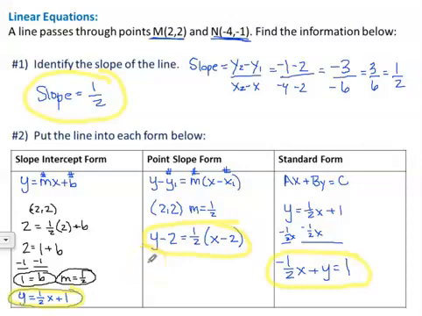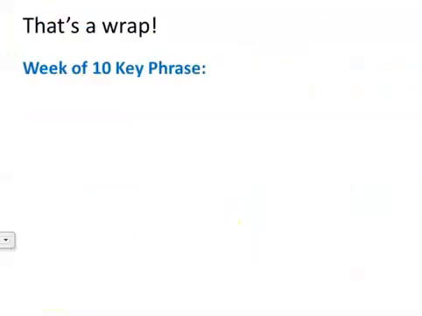The big thing from this recording today is that this line is represented in 3 different formats. Each of these equations represents the same line. We've just expressed them in 3 different formats. And if this doesn't all make sense right now, it will make better sense once you go through all the Schoology lessons this week. This just gave you an overview of what you're going to learn.